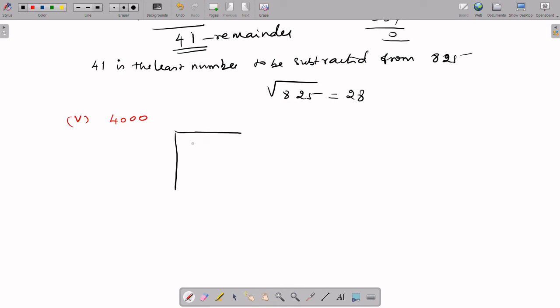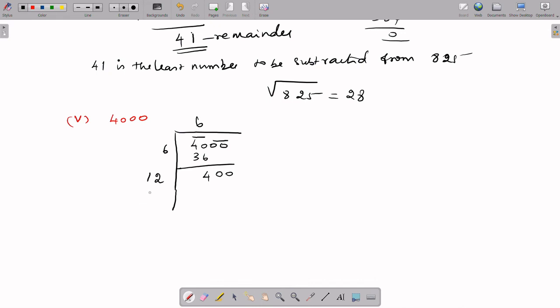Here you write 4,000. When you take 6, 6 6s are 36, so you have to write 36. 40 minus 36 is 4. You have to take these two terms here, and here you take 6 plus 6 is 12.